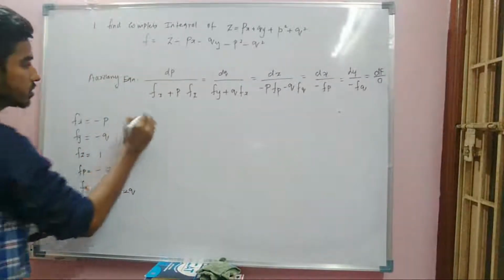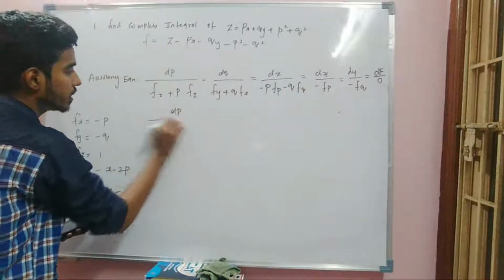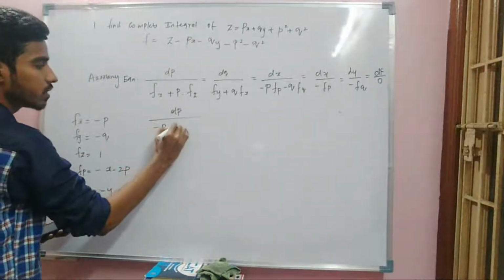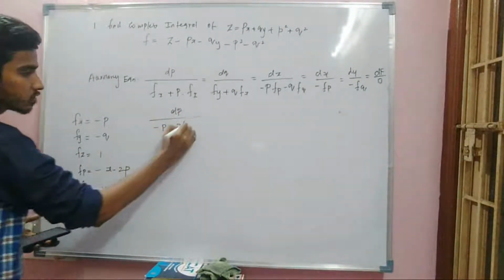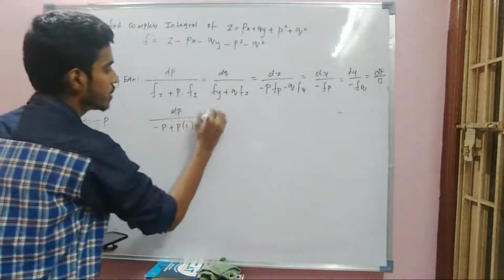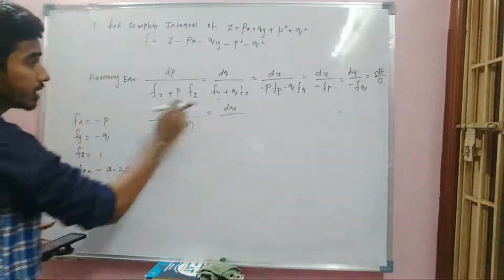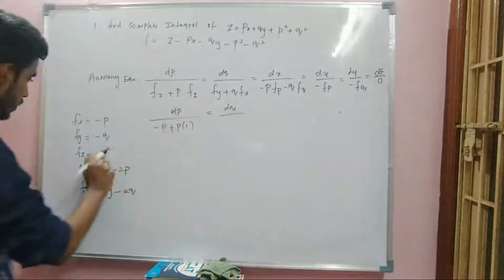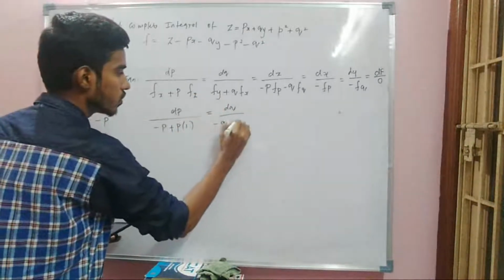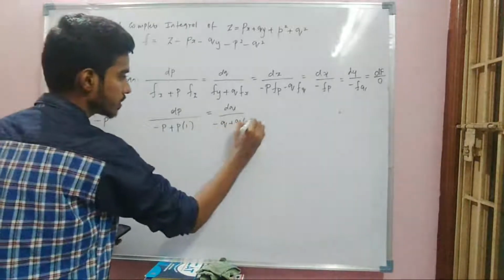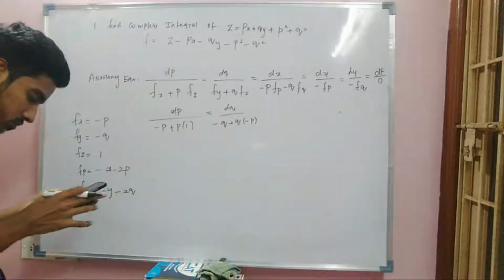Yes. So now the auxiliary equation will be dp divided by fx. So fx is minus p plus p into fz. So fz is 1, and dq divided by fy plus q fz. So fy is minus q plus q into fz. So fx is minus p, right?